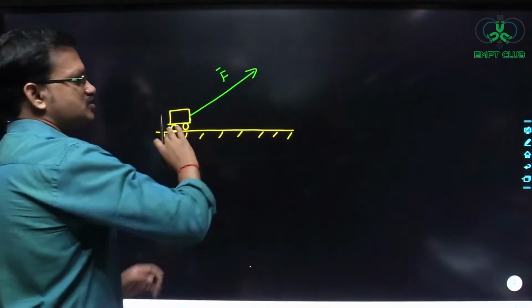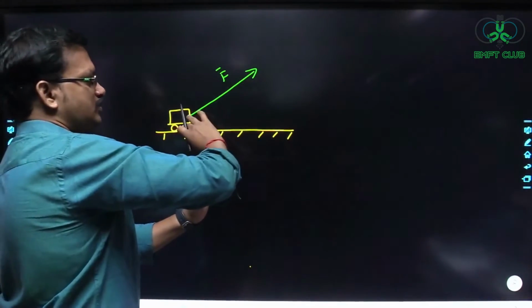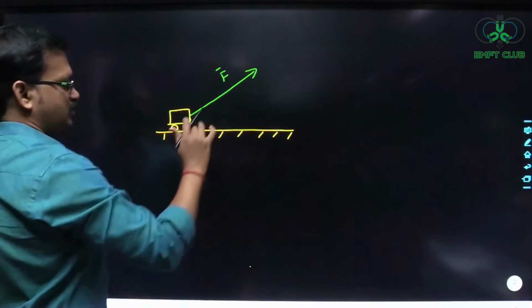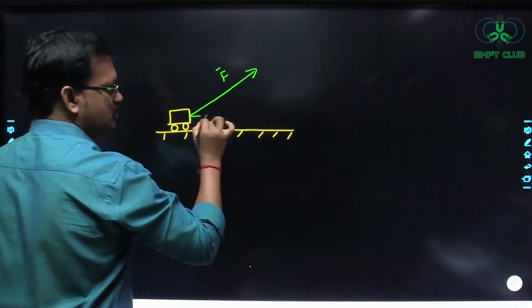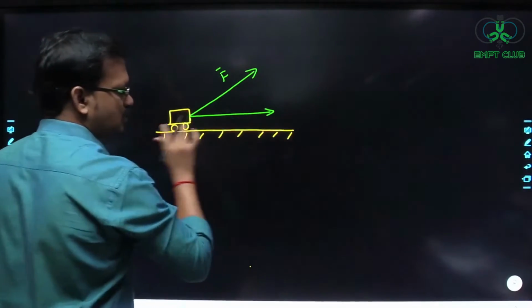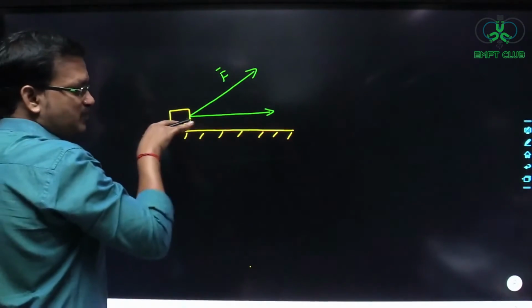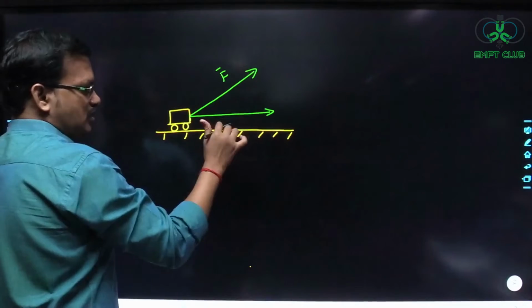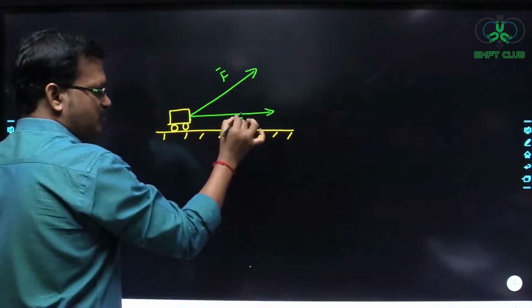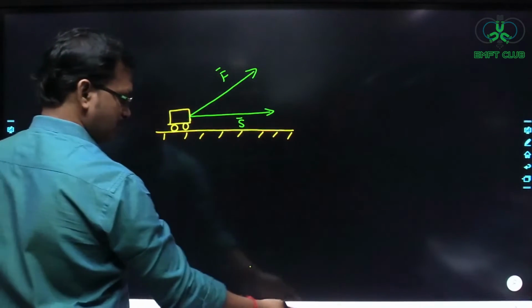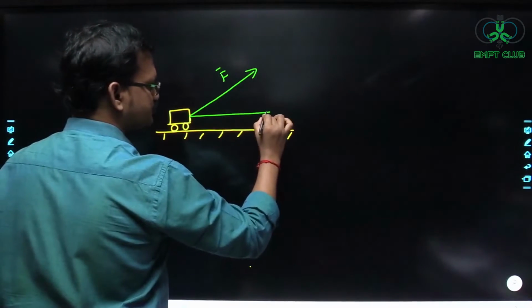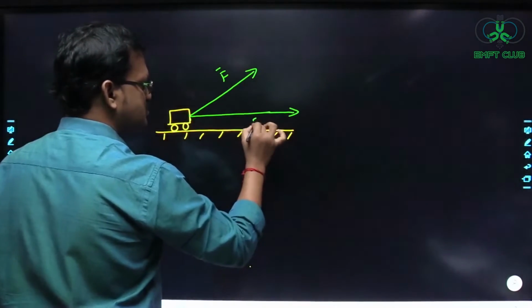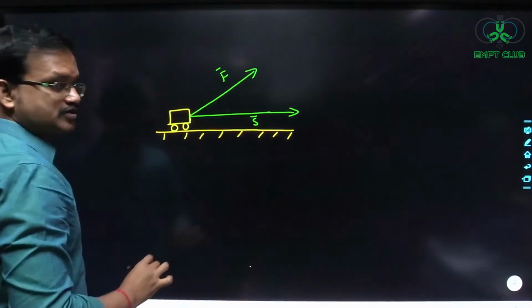Whenever he is pulling the trolley by applying the force, this trolley is going to move along the surface. So the displacement will be along the surface. This is the displacement S bar and this is the force F bar.